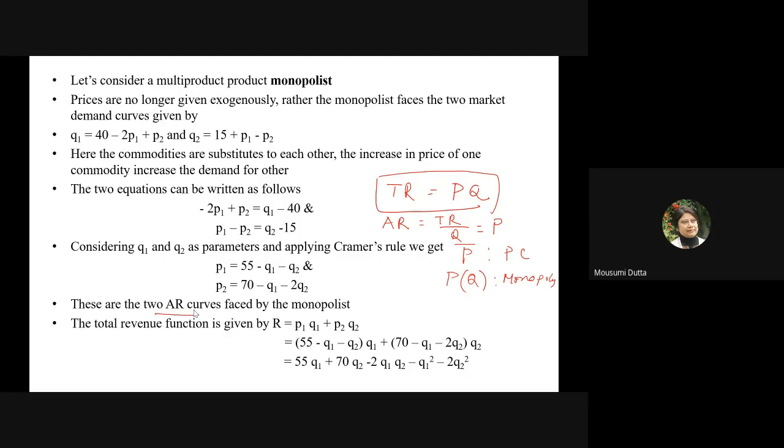For monopolies, the demand curve is the average revenue curve. Demand curve is equivalent to average revenue curve, is equivalent to willingness to pay curve, or is equivalent to price line.